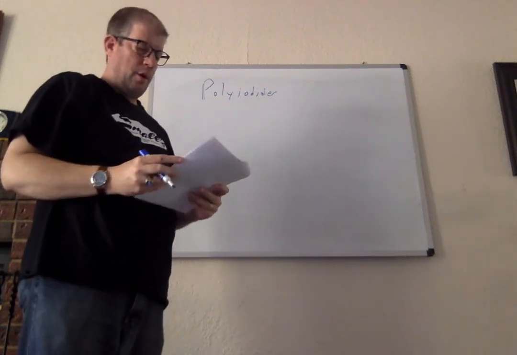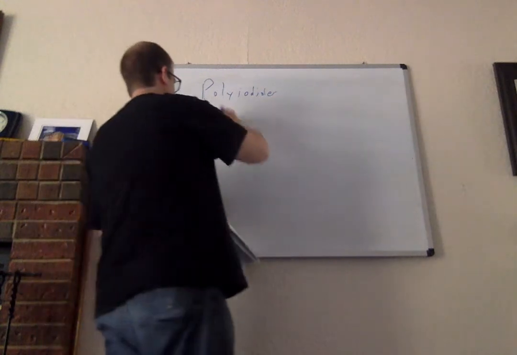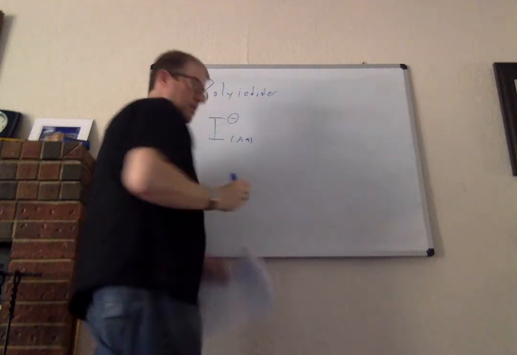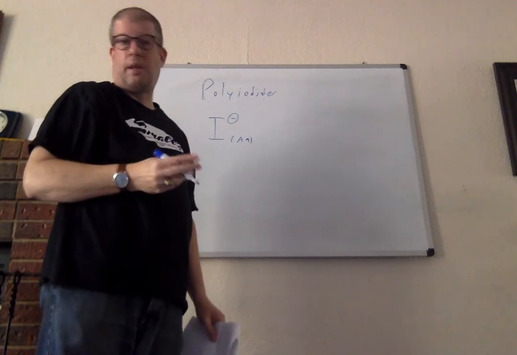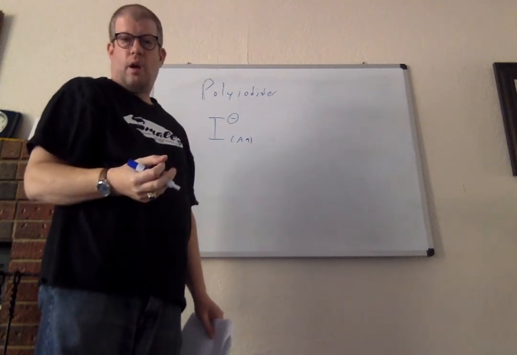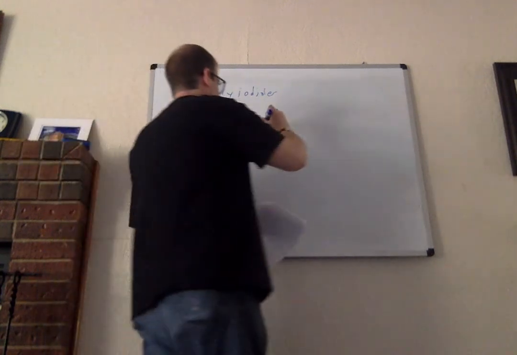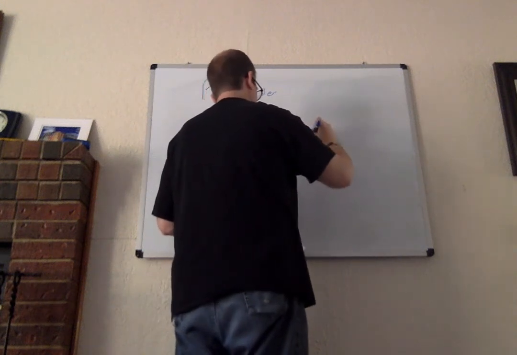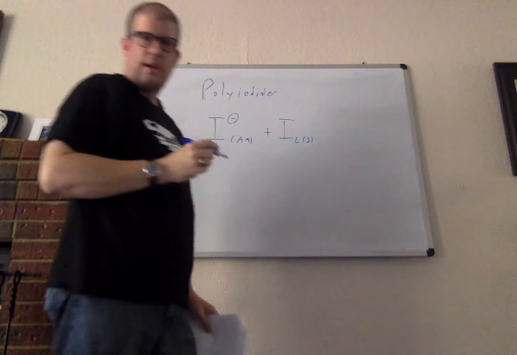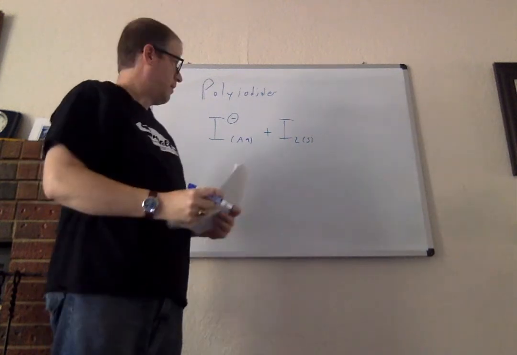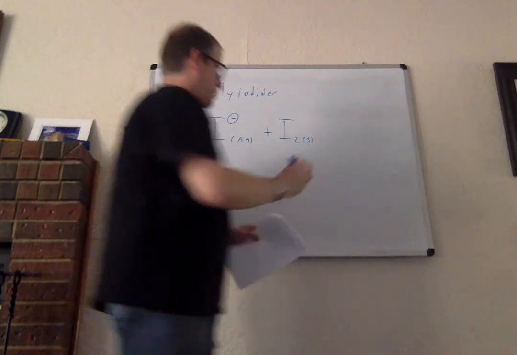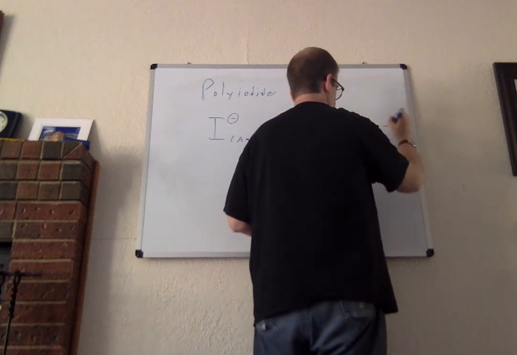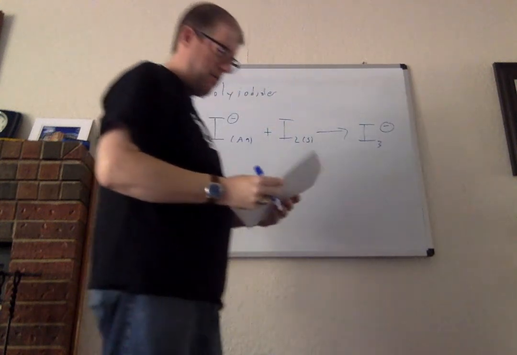One of the things that's actually fairly interesting is that if you take I minus, so you take sodium iodide, for example, and dissolve this in water, and you add some solid iodine to it, that iodine will look like it disappears, and that's because what you're doing is forming I3 minus.